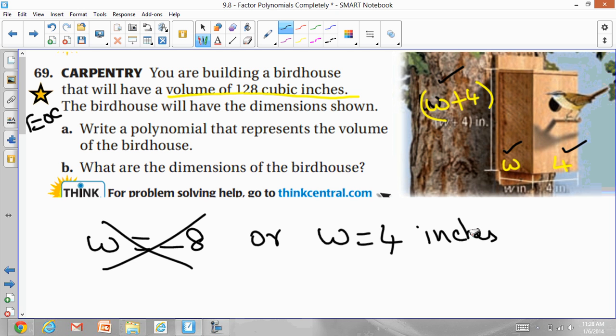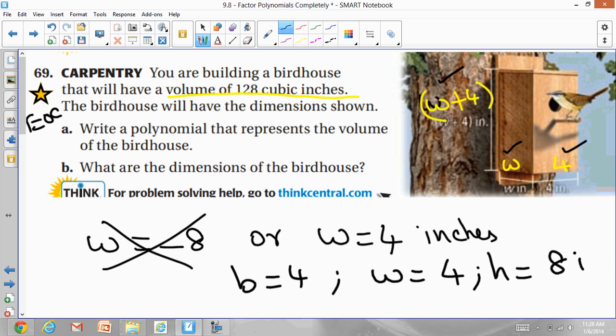So now looking at the dimensions, the width in this case is 4, the breadth in this case is 4, so the base is 4, the width is also another 4, and the height in this case is 4 plus 4, which is 8 inches. And these will be the dimensions, which is part B of the answer.